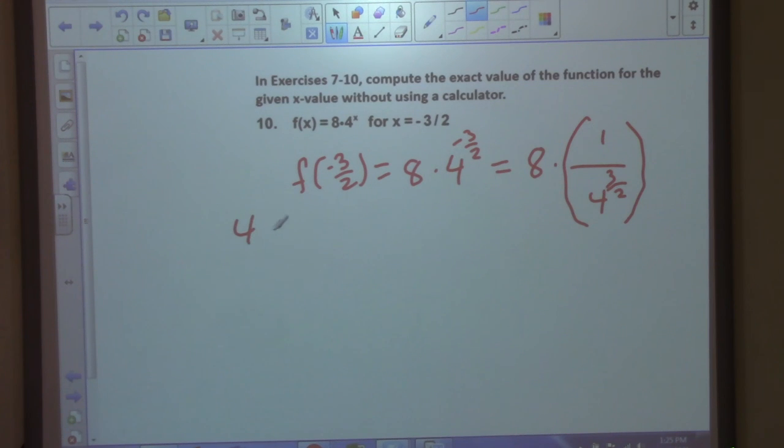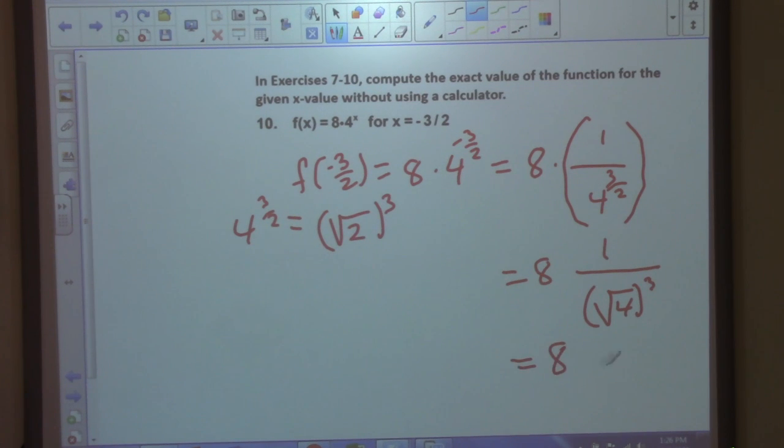And 4 to the 3/2 is equal to square root of 4 to the 3rd power. So that's 8 times 1 over the square root of 4 cubed. The square root of 4 is 2, 2 cubed is 8. And so our answer for this is going to be 1.